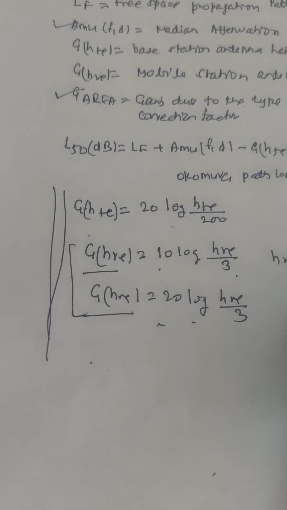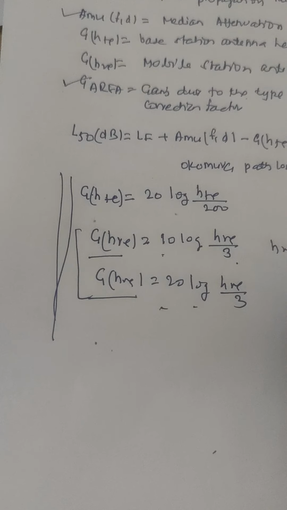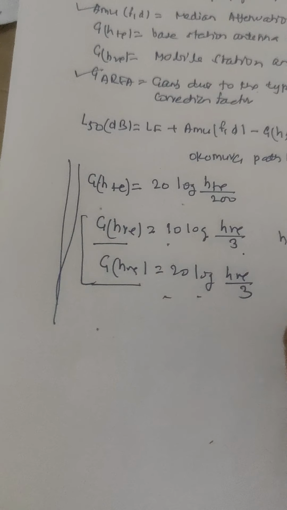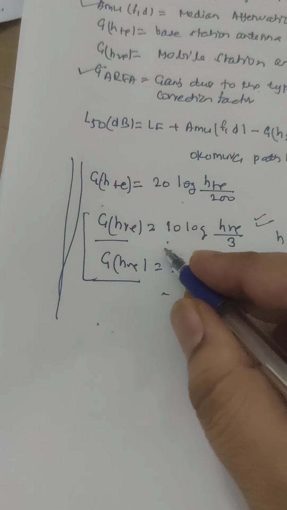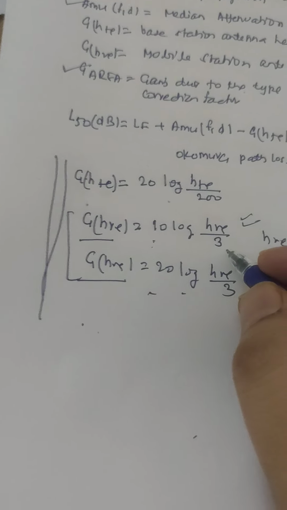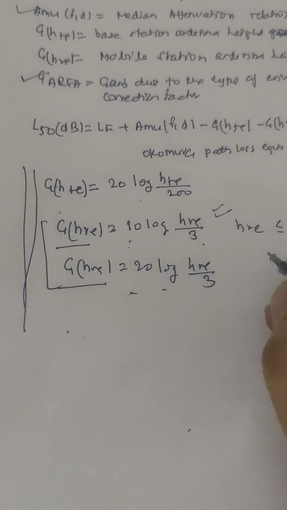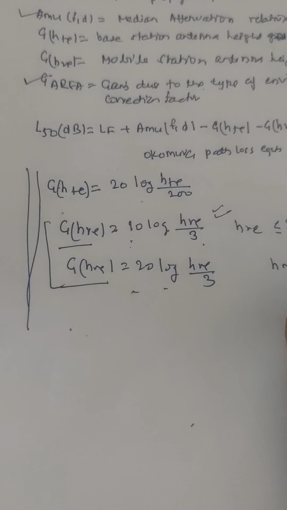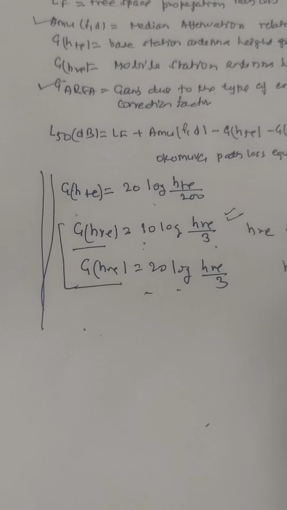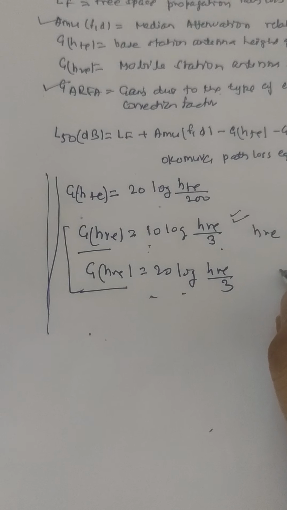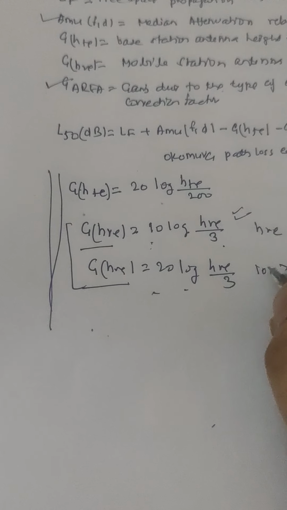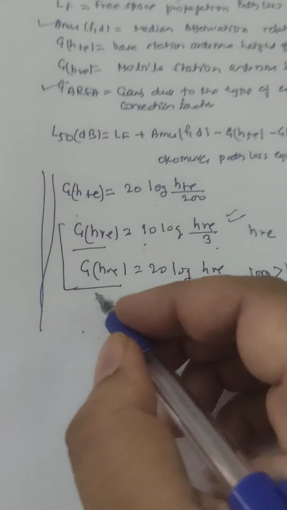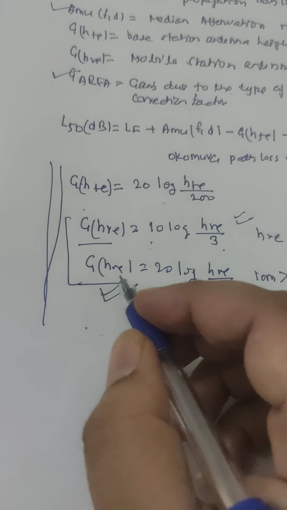When the height of the receiver antenna is less than 3 meters, then we take 10 log HRE by 3. When the height of HRE is more than 3 meters but less than 10 meters, then we use the other formula.